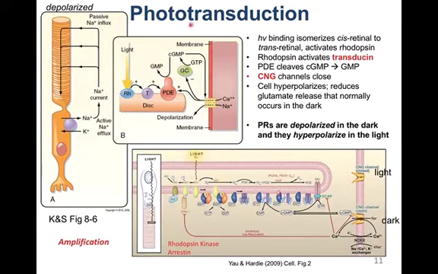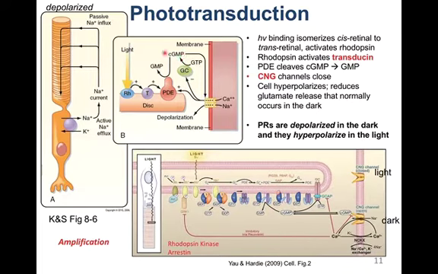Okay, let's work through the figure shown in panel B at the center of the slide. In the presence of light, R-H is rhodopsin. Photoisomerization from cis to trans retinal activates rhodopsin, which in turn activates transducin, which in turn activates phosphodiesterase.